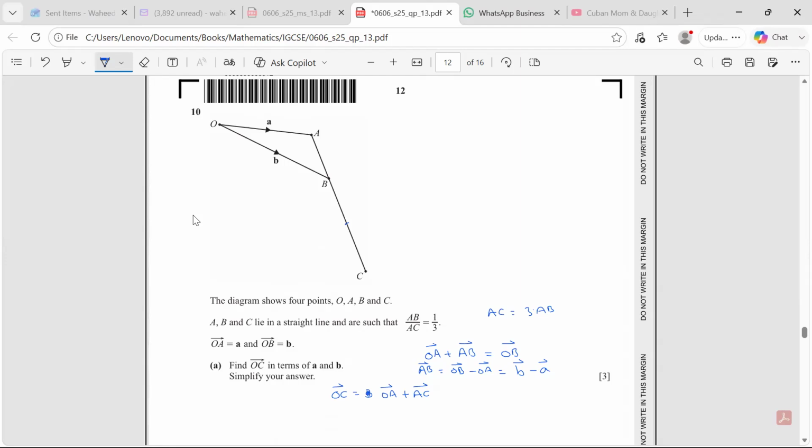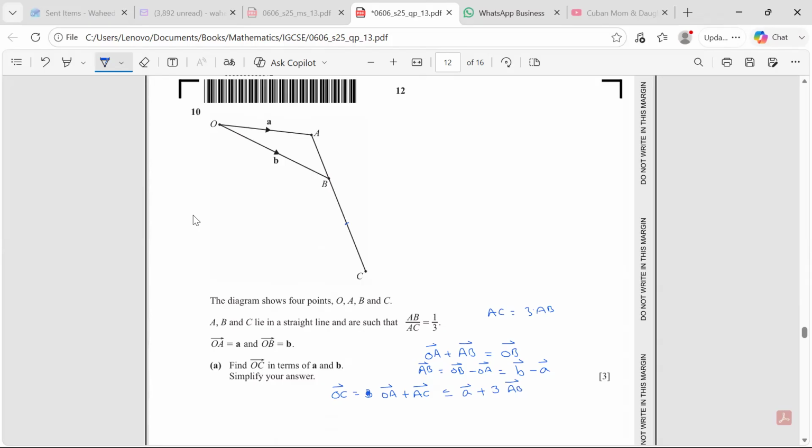OA plus AC is equal to OC. Now OA is vector A, right? Plus AC is 3 times AB. Does it make sense or no?